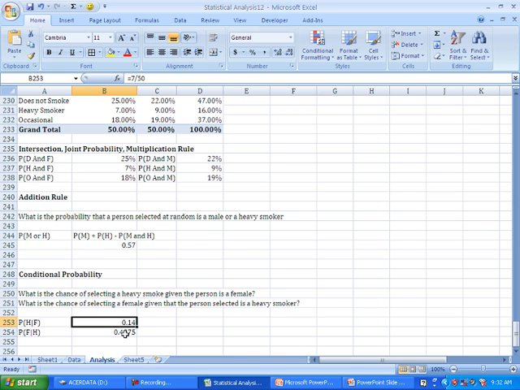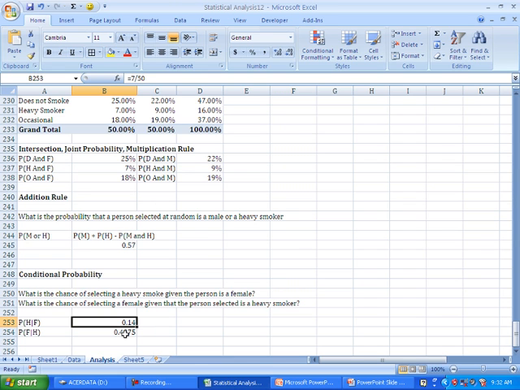So whenever I am talking about the presence of the other variable only within one group, not in the entire data but only in one subgroup, we will use the concept of conditional probability.